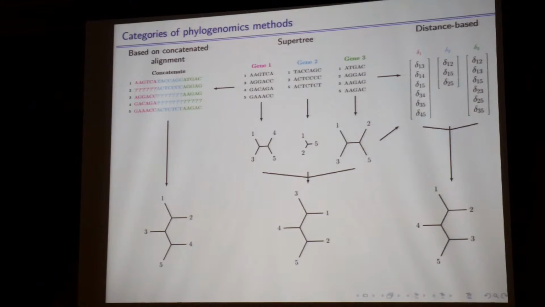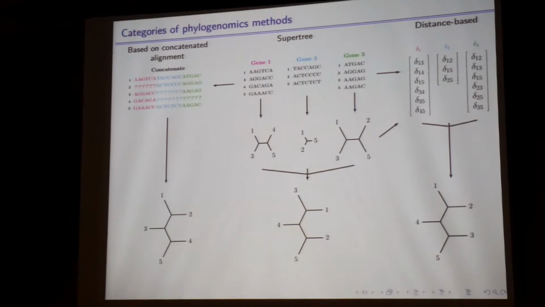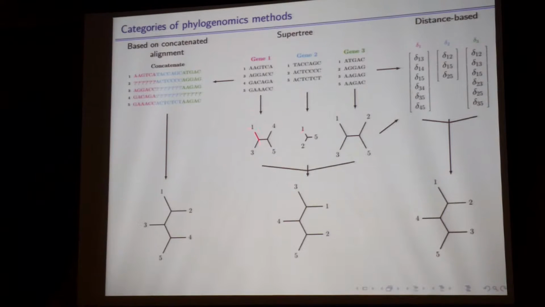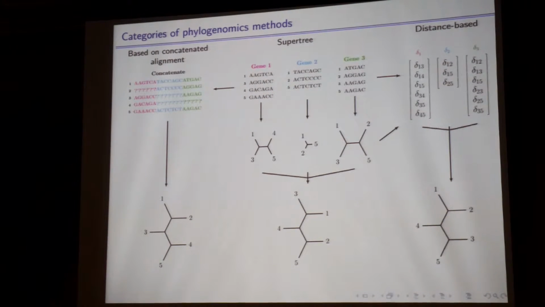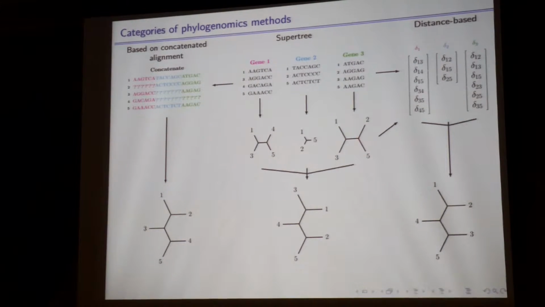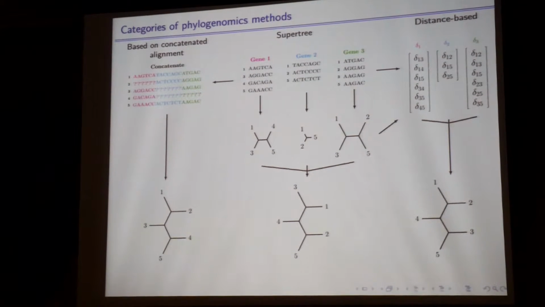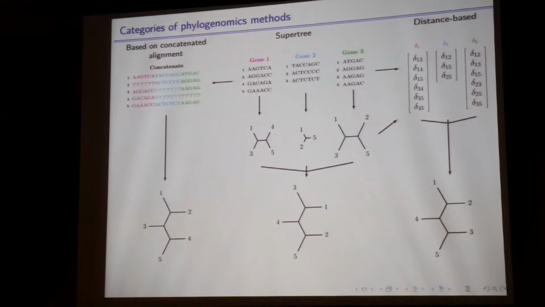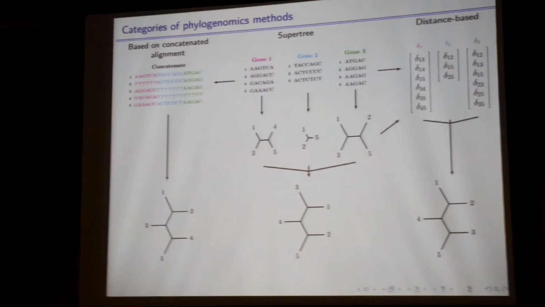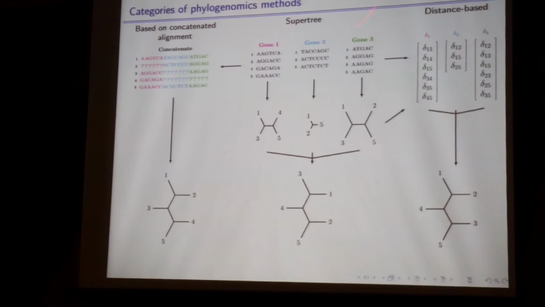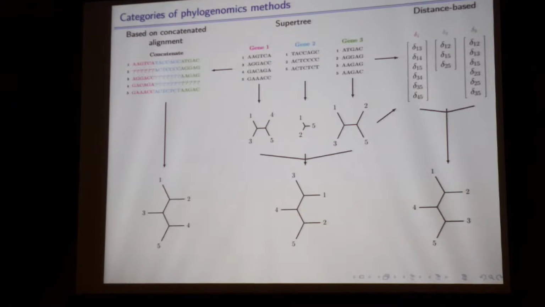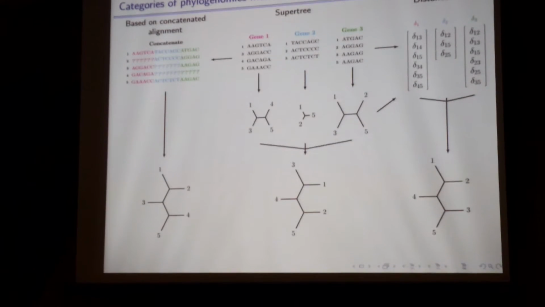There are three categories of phylogenomic methods to construct the species trees. The supertree methods construct the gene tree for every gene element, and then they combine the gene trees to construct the species tree. Another alternative is to concatenate all the gene alignments and to use the usual phylogenetic methods to construct the species tree.